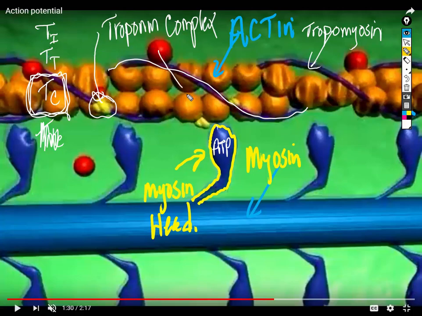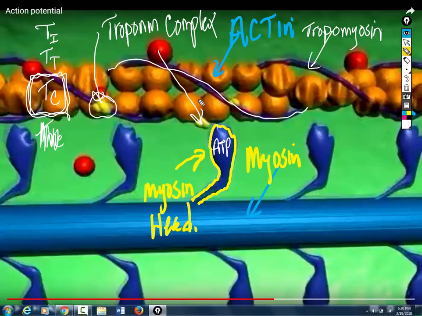When calcium binds to troponin C on the tropomyosin molecule, it's going to cause the tropomyosin molecule to twist out of the way. And it's going to reveal those binding sites on actin for the myosin head. Do you follow that? There's going to be a natural attraction between the myosin head and that actin molecule once that site's revealed. Who's following this?